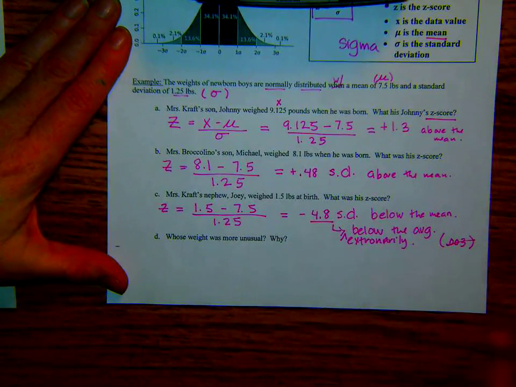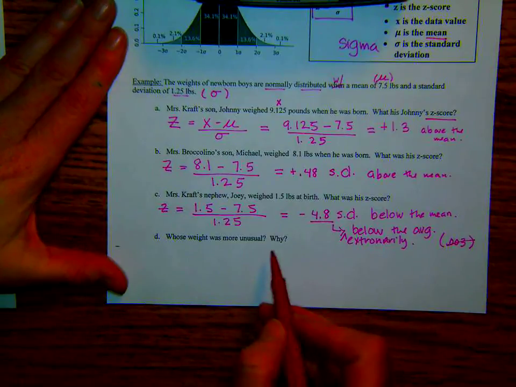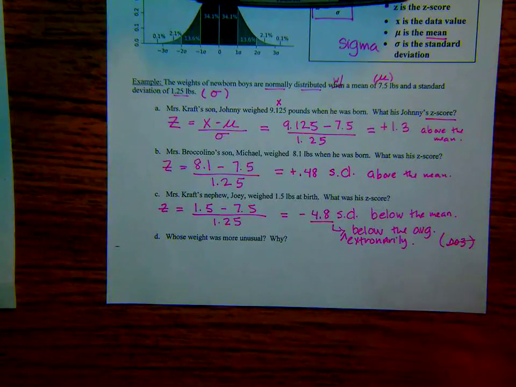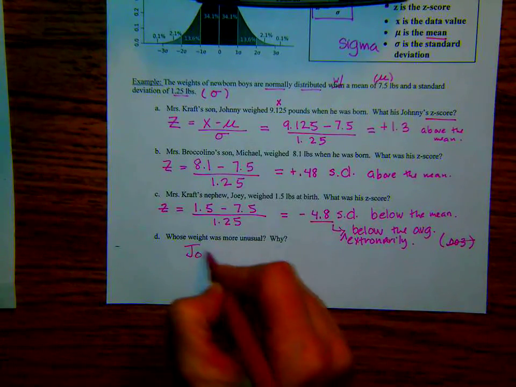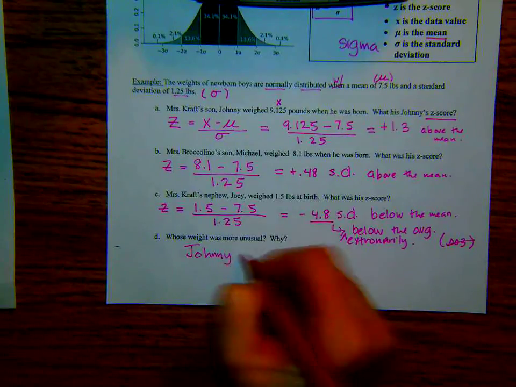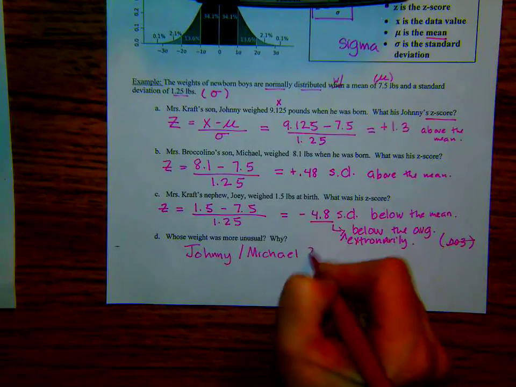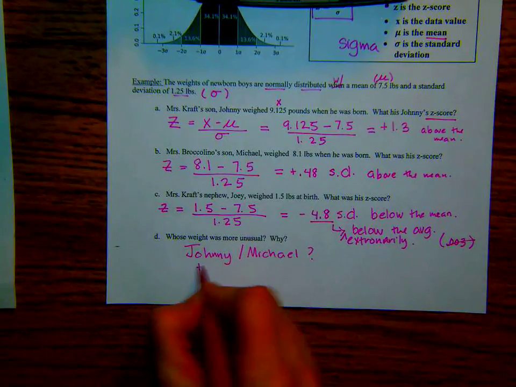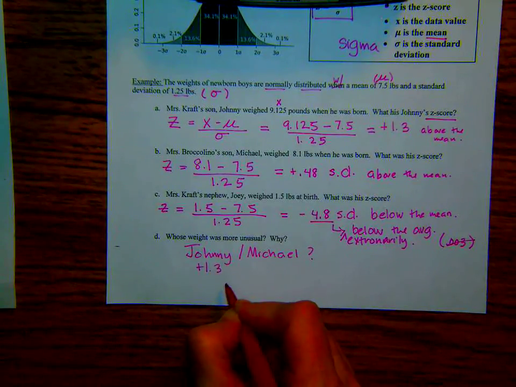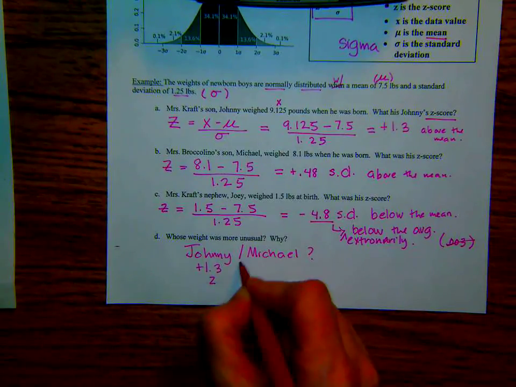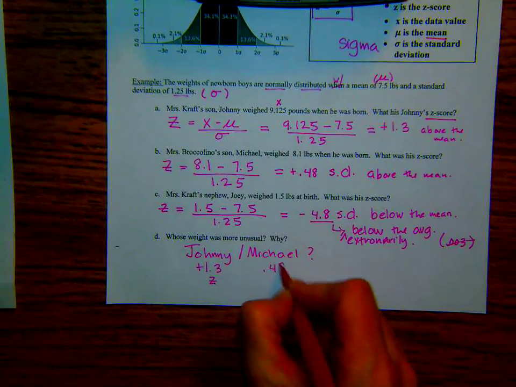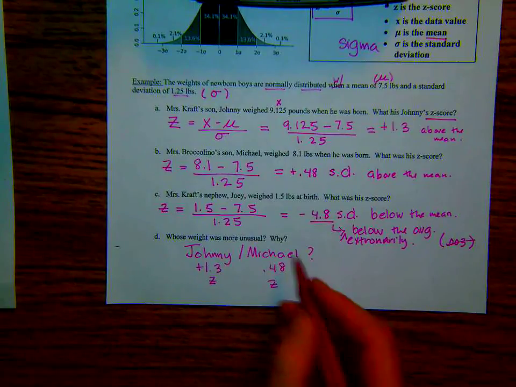Okay? All right, so whose weight is more unusual? Let's talk between Johnny and Michael. Between Johnny and Michael, whose weight was more unusual? Well, Johnny was 1.3 standard deviations, a z-score, and Michael had a 0.48 z-score. So, who was more unusual?